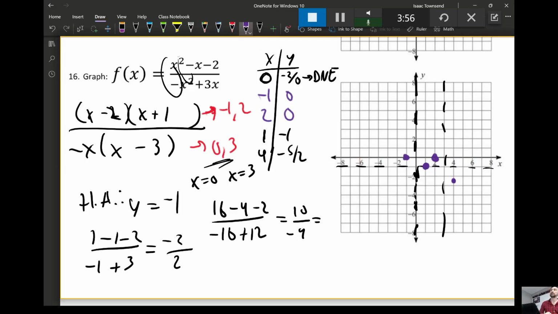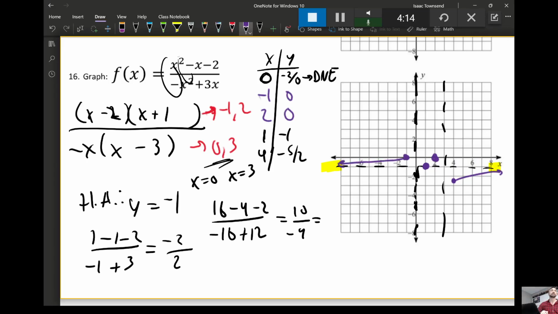Okay, and now I would say I have enough information for sure. Again, feel free to do more points if it makes you feel better about your graph. But all a horizontal and slant asymptote tells you is what it approaches on the far right and the far left of the graph.